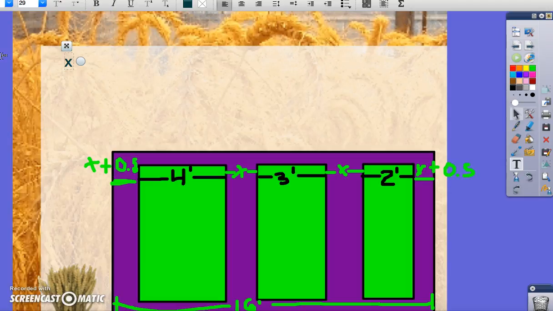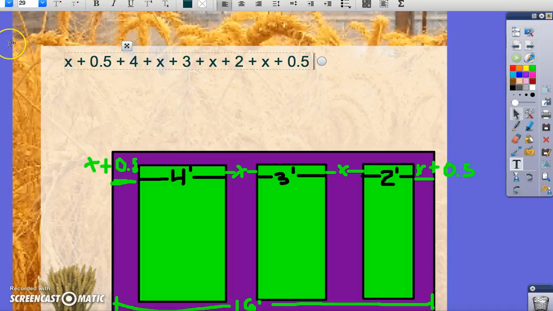So we write x plus 0.5 plus 4 plus x plus 3 plus x plus 2 plus x plus 0.5. I'm simply adding all the widths across, all right? Now, what is that going to equal?